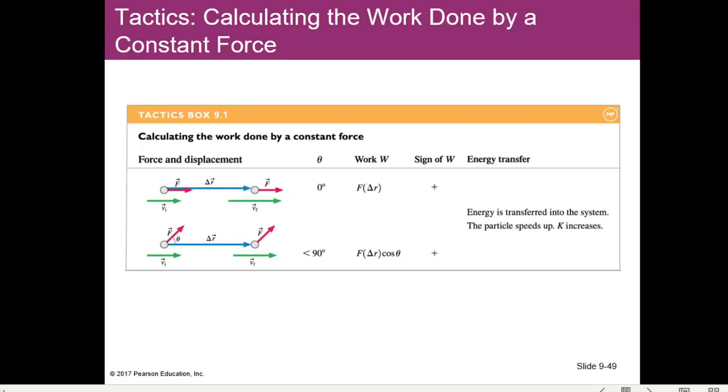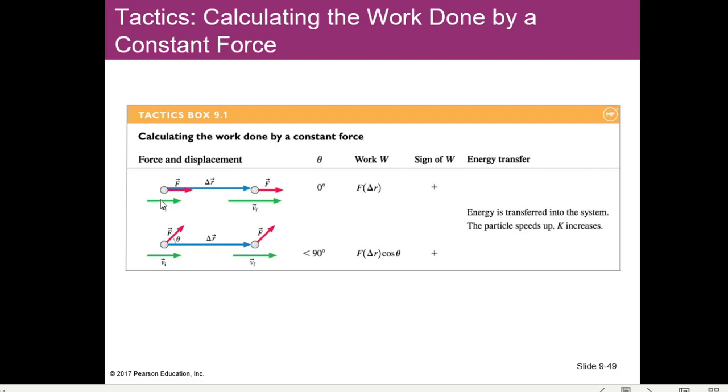Okay, all right. So here are lots of different possibilities. First off, we've got the force and the displacement. The force is the red arrow and the displacement is the blue arrow. Notice that the force and the displacement arrow are exactly the same direction, so the angle between those two arrows is 0. And so the work is F times delta R, and that's a positive work.